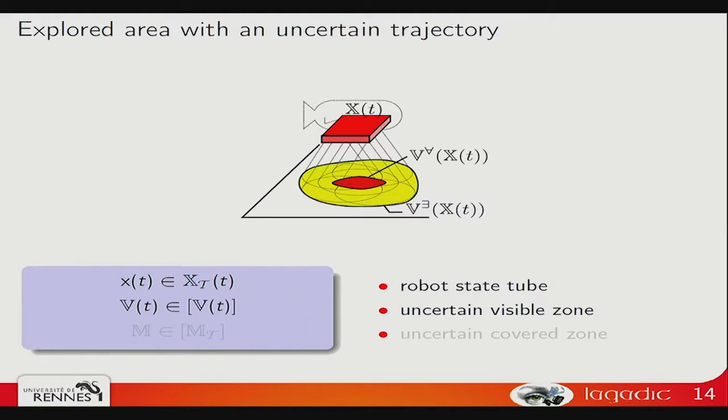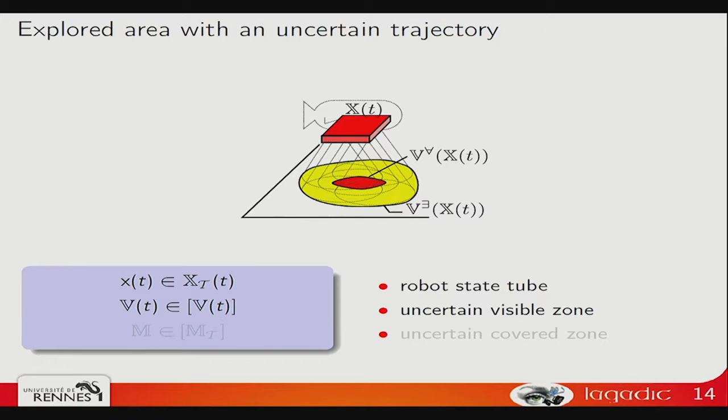To this set of feasible states now corresponds an uncertain visible zone. I will explain it later, but we can find some points that we are sure are seen, some points that may have been seen, maybe not, and some points that are not seen for sure.